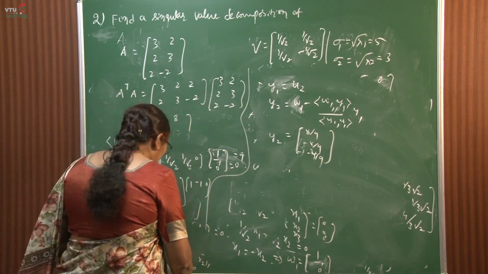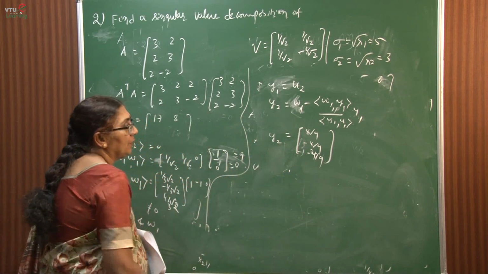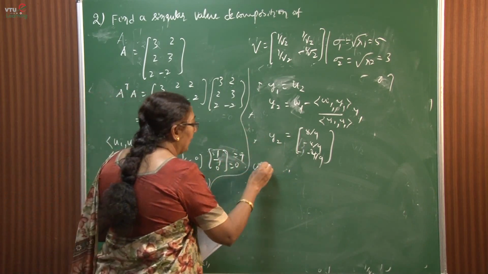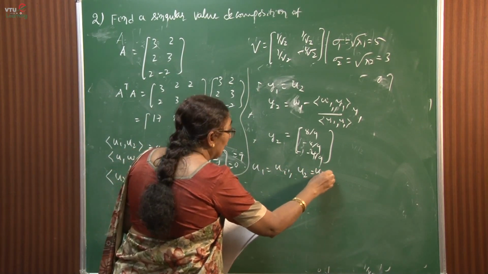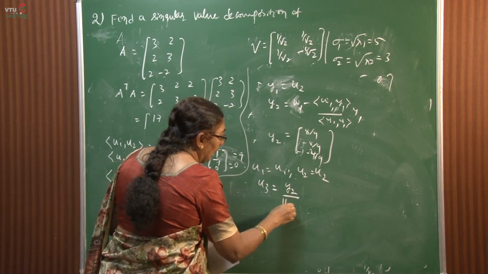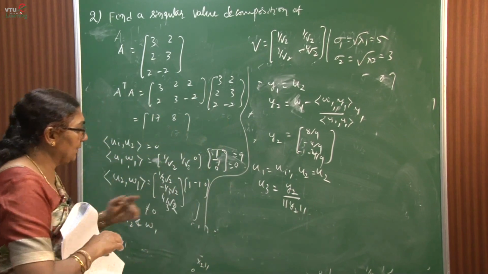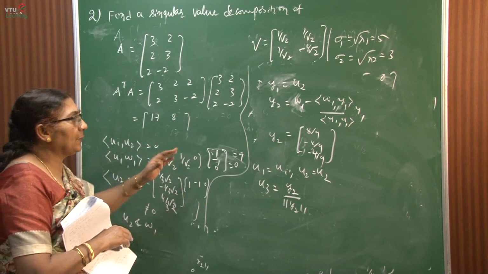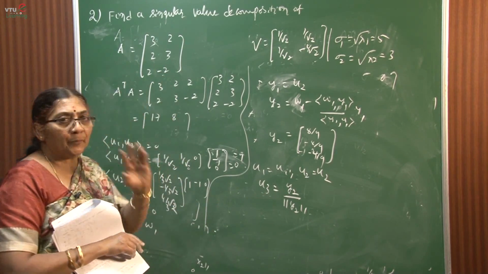Once we get these values, what are we going to do? Keep in mind here u1 is u1 and u2 is u2, but u3 comes from y2 and the norm of y2. That is why I took this problem. For this problem we get u1, u2 directly, but you do not get u3 because the number of rows is 3.